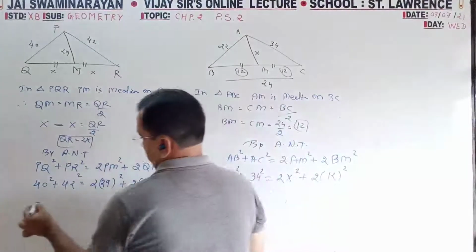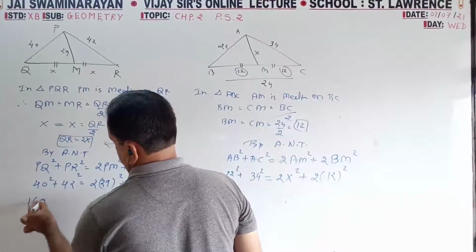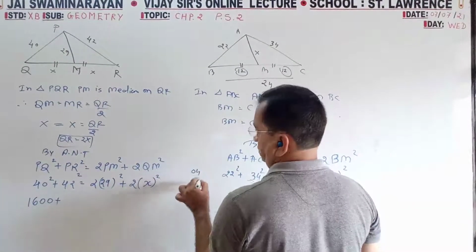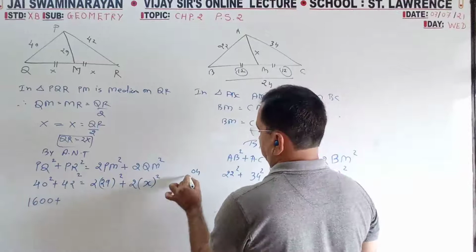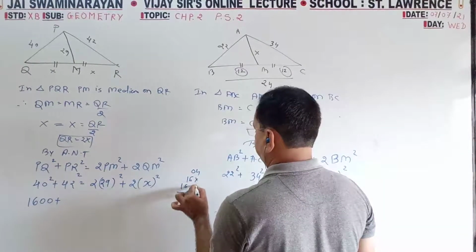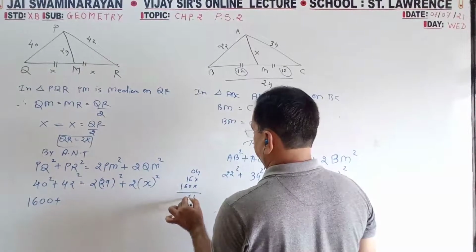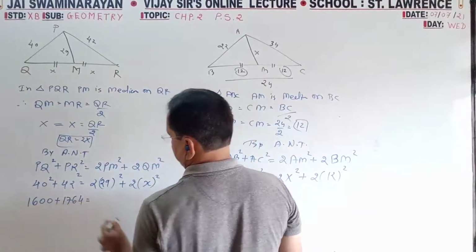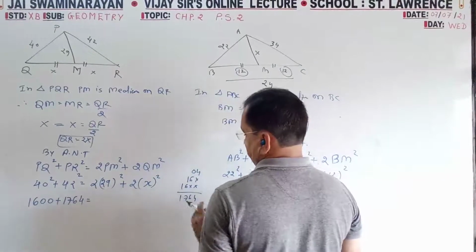40 40s are 4 for the 16, so 1600 plus 42 square means 2 2s are 4, 4 2s are 8, 2s are 16, 4 4s are 16, 1764, 29 square.